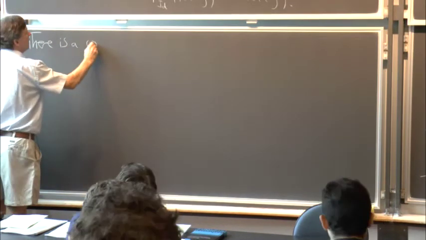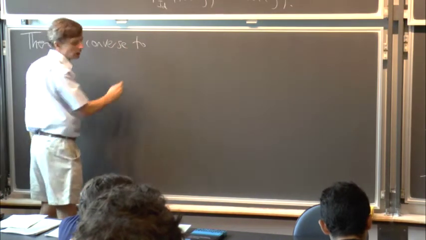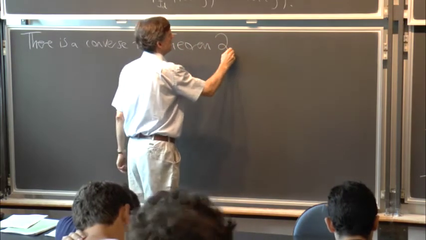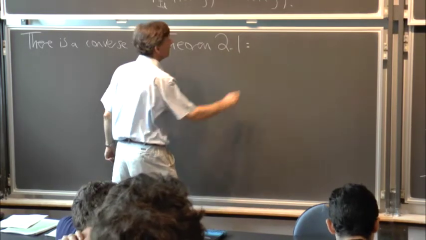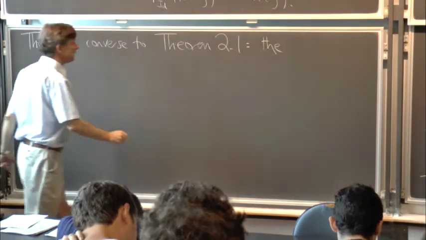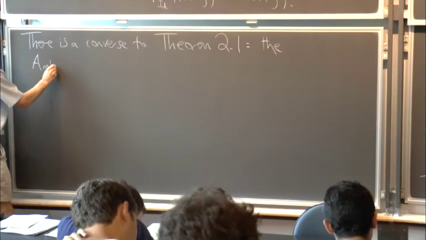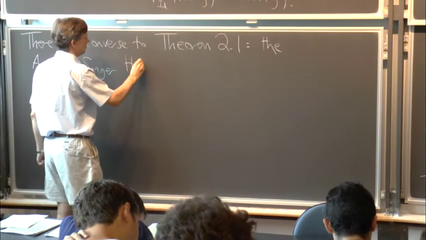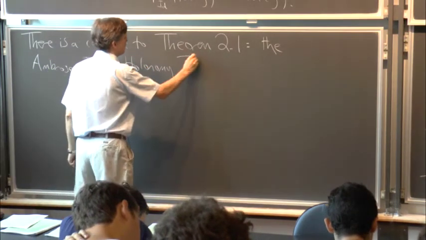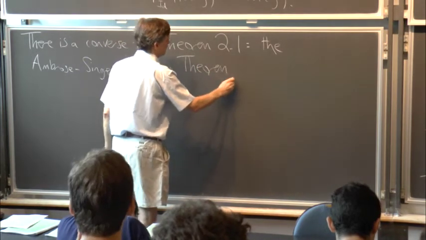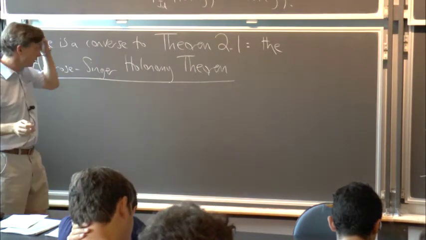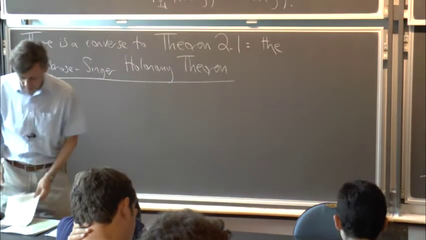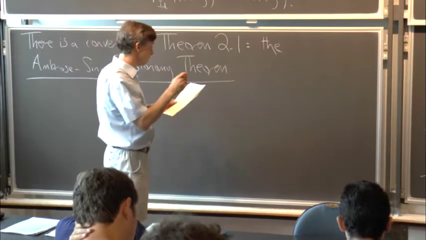So there is a converse to theorem 2.1, which is called the Ambrose-Singer holonomy theorem, which I think is also true for general vector bundles and connections rather than merely Riemannian metrics and their Levi-Civita connections.